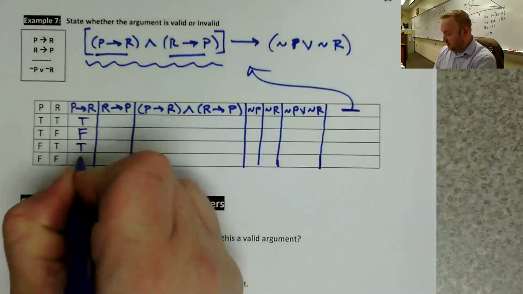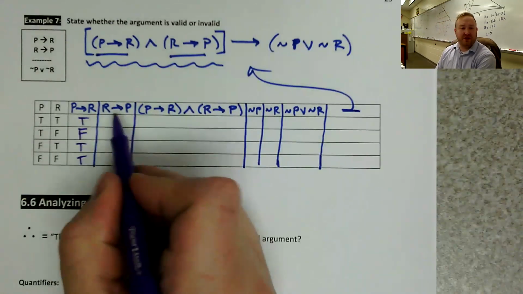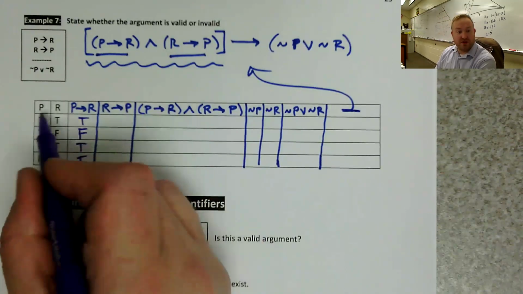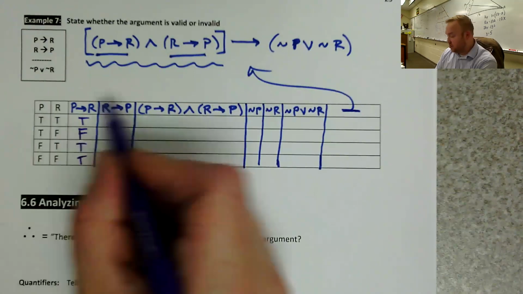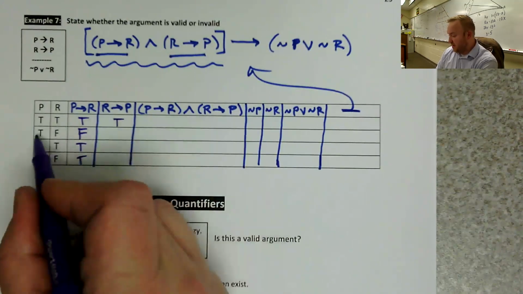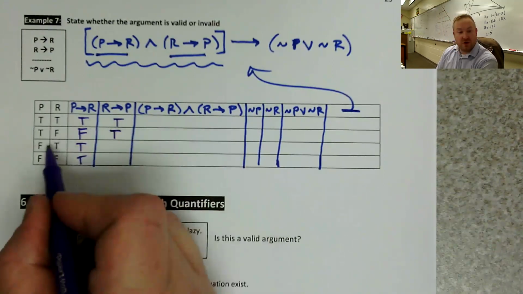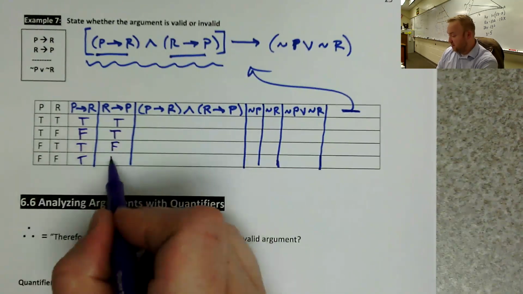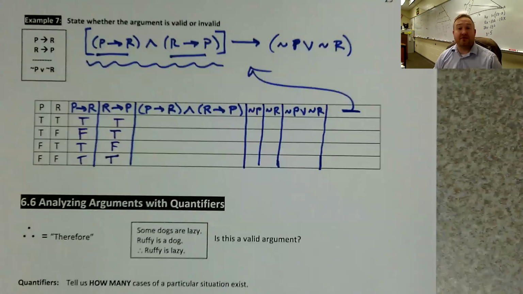Every other time it's true. Now we just do this backwards. R implies P. So I'm looking at R first and then P. So true implies true is true. False implies true is true. True implies false is false. False implies false is true. If you had trouble following that, you need to go back and look at the lesson on conditional statements again.